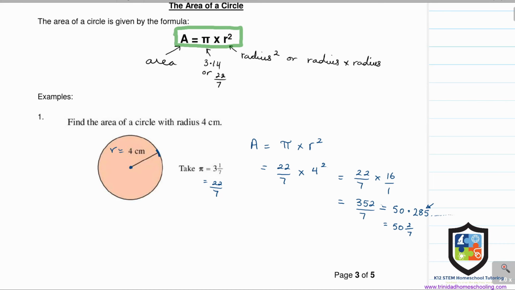Okay, in this case you would take up to 50.28. You could even round it off to 50.29. So this could be 50.29. We want 2 digits, because we know that pi usually goes up to 3.14. We take the first 2 digits after the decimal point. Now your unit is centimeters squared.